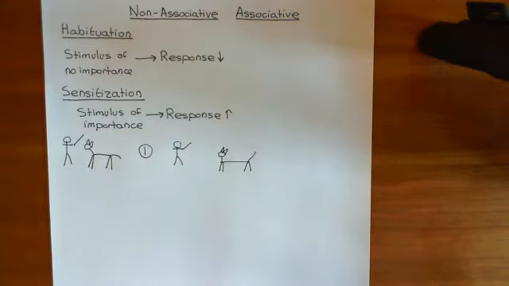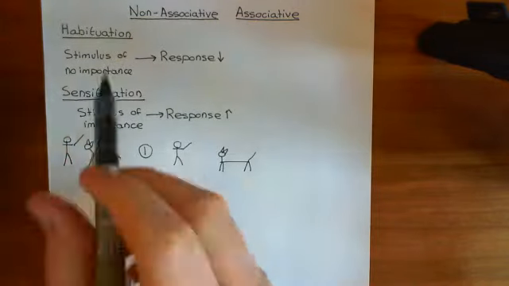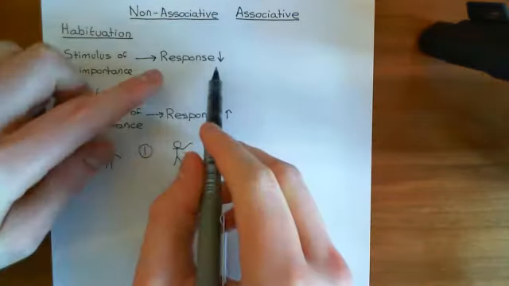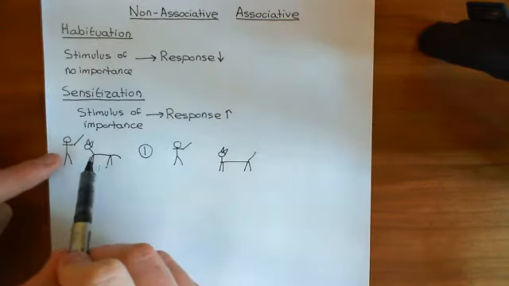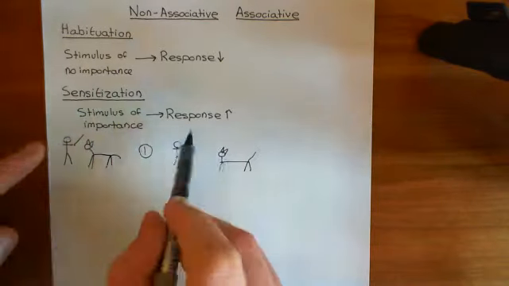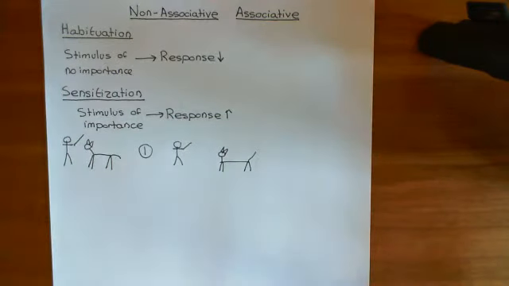So both of these non-associative learnings are just about changing your response to a stimulus. If the stimulus is unimportant, then you reduce your response. If the stimulus is important, for instance, because you're getting tissue damage, the dog's getting a bruise, then you increase the response to that. Right, so now what we're going to go on to is associative learning.